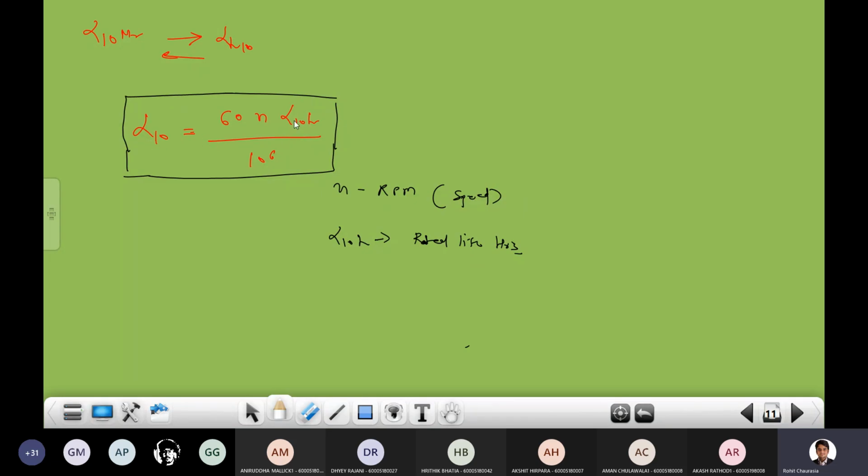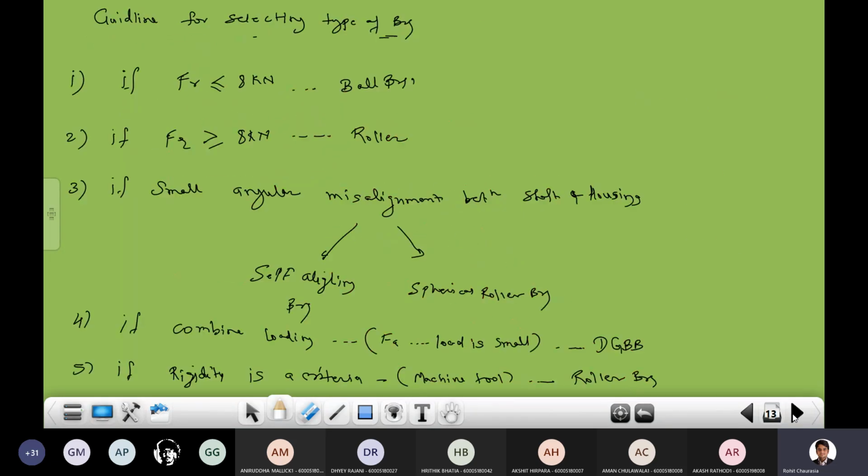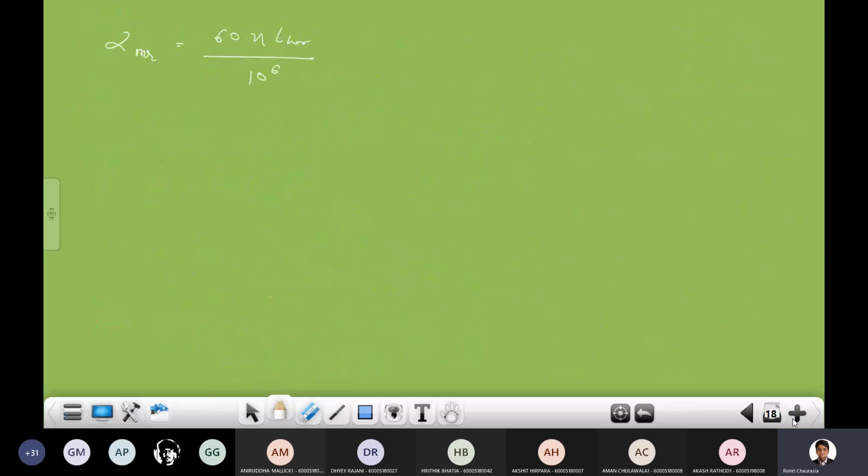Now L08 is going to be replaced. तो L08 मिलियन रोटेशन is equal to 60 into n into L08 hours divided by 10⁶.